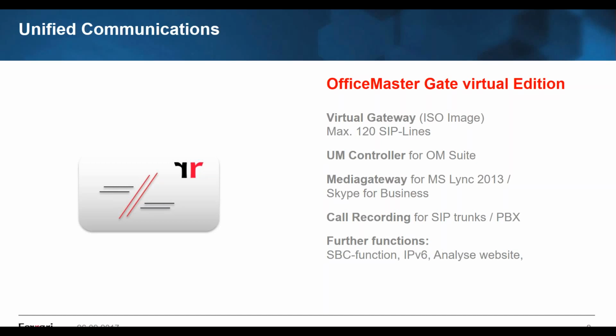It is also a unified controller for the OfficeMaster Suite and a media gateway for Microsoft Lync 2013 and Skype for Business. Of course, it also supports a call recording function for SIP trunks, because it's a virtual gateway. And other functions are the SBC function. It's also IPv6 ready, and you can also analyze websites.